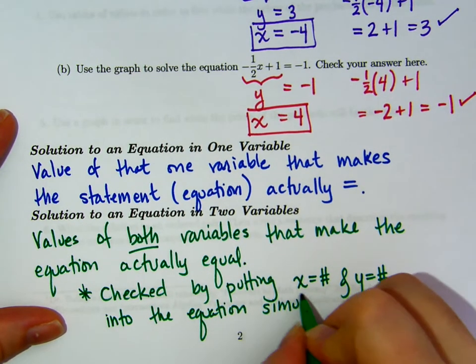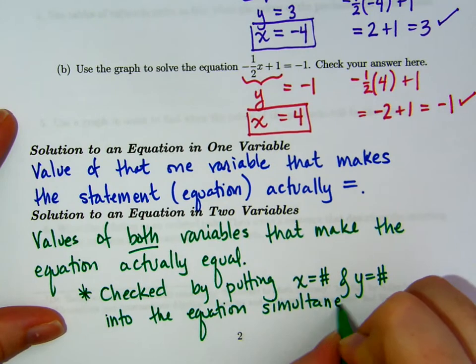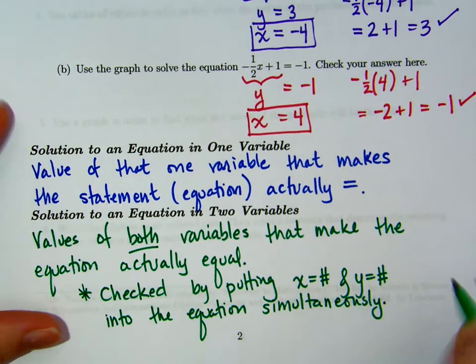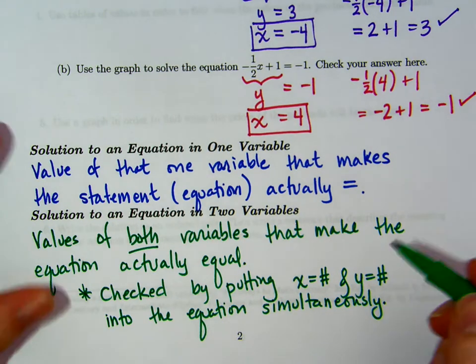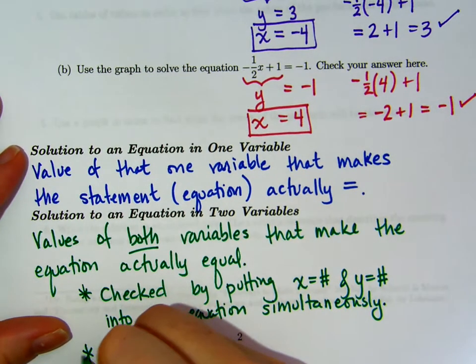So you could check it just like you check these. You would just have to put in both of those at the same time and make sure it's still equal.